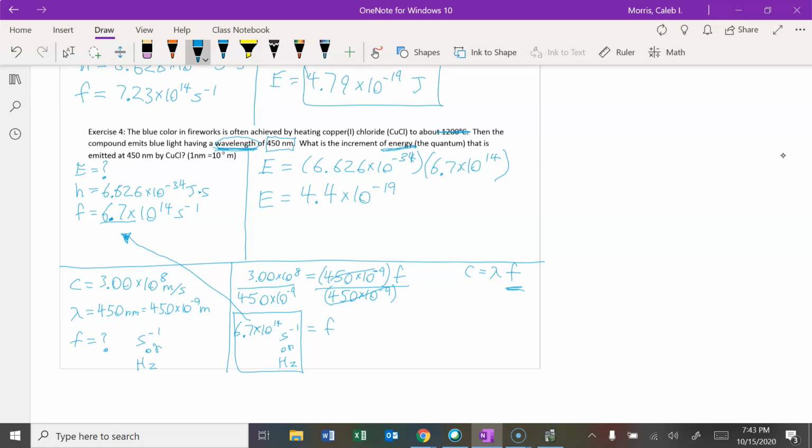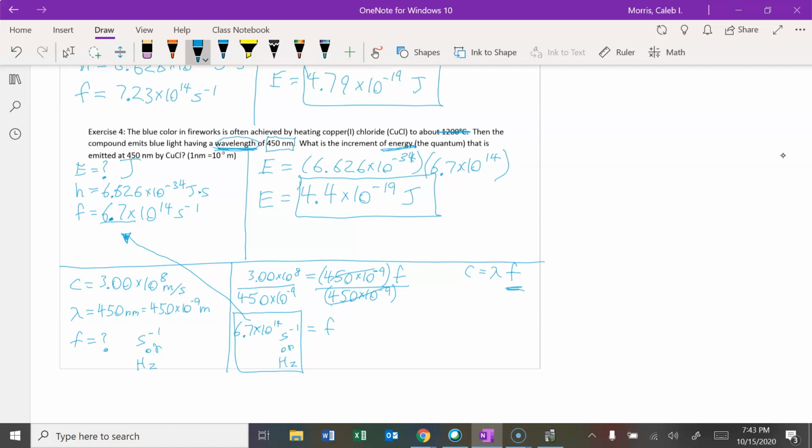Make sure you try some of these out on your own so you make sure that you end up with the same numbers in your calculator. And again, the seconds and the inverse seconds cancel out so that I end up with joules as my energy units.